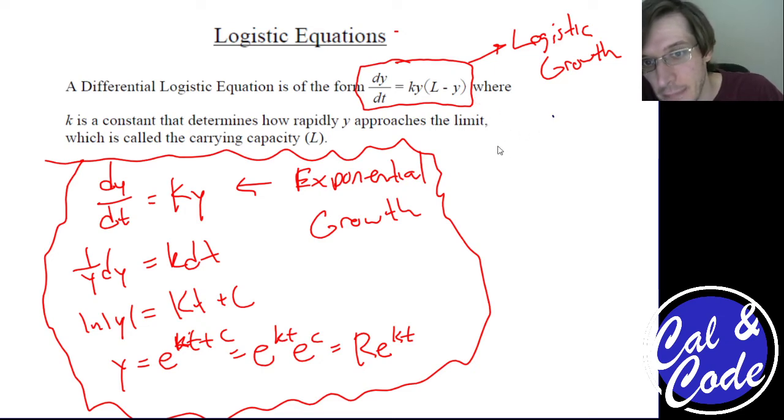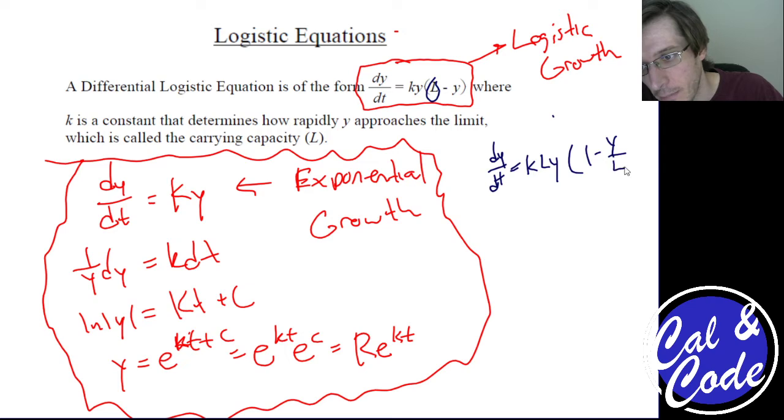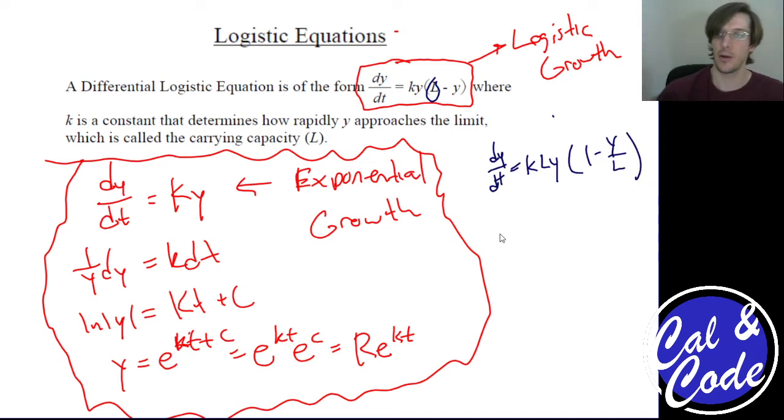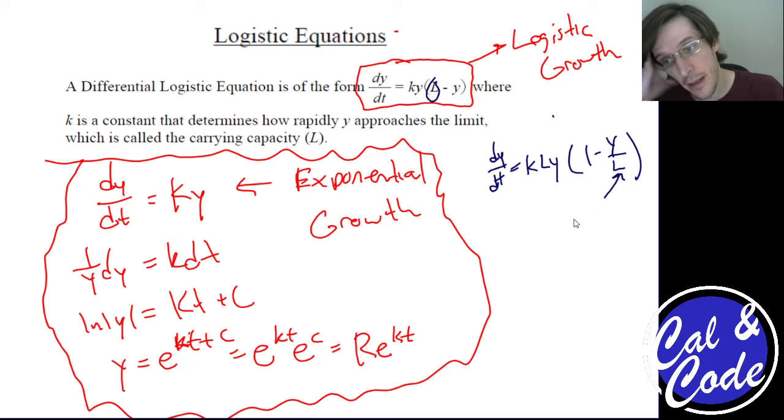Another way it is sometimes written is dy/dt is equal to, and what they'll do is they'll factor out this L. So it'll be k over L times y times L minus y. This is another really common way to do this. And I want you to know this because this L down here is a very important number. This L is called the carrying capacity.